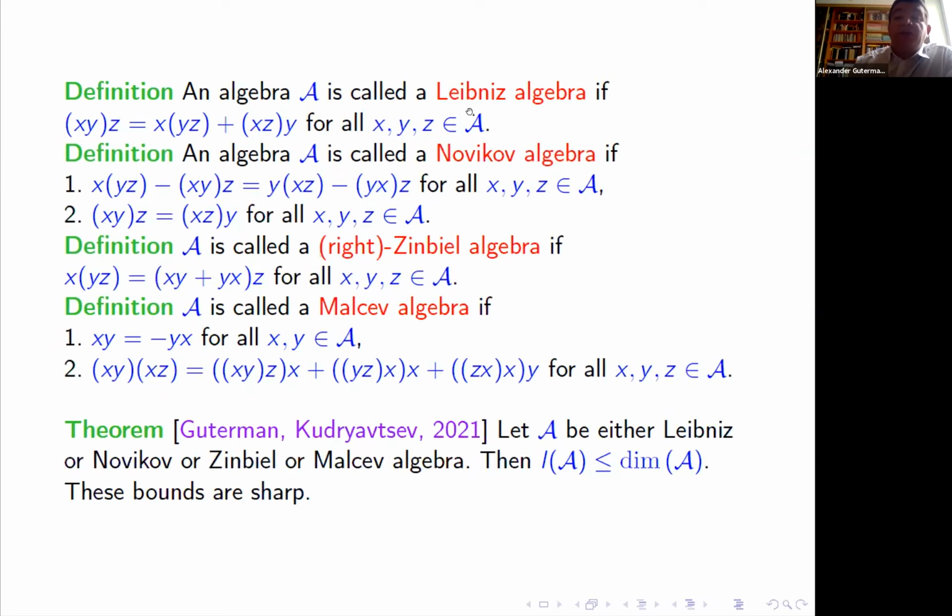Here I just mentioned Leibniz, Novikov, Zinbiel algebras, Maltsev algebras, where the bound is similar to the associative case.